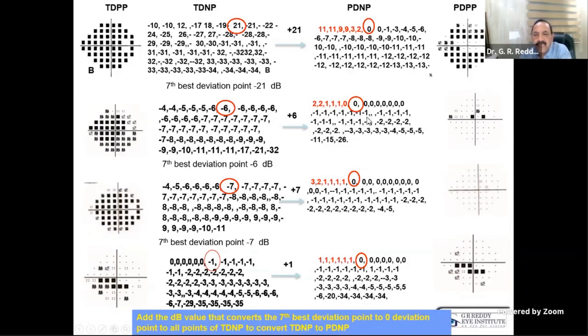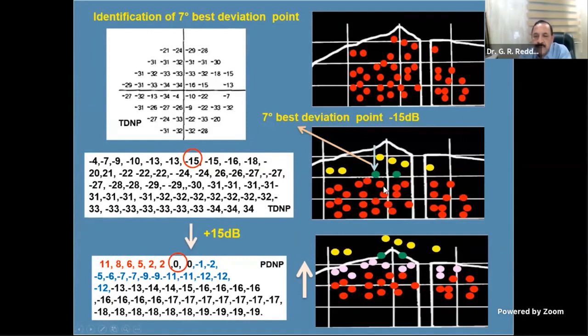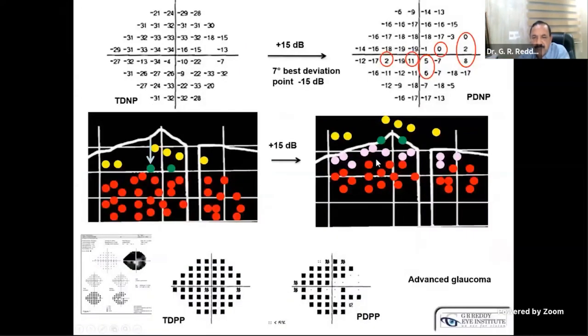Suppose you take the 25th point, and add this dB value that brings the slope to all the points, then minimum 25 points will become normal.